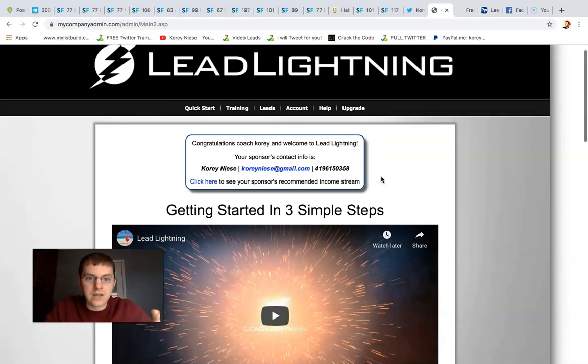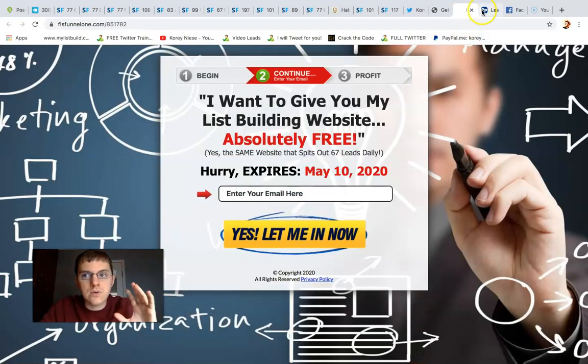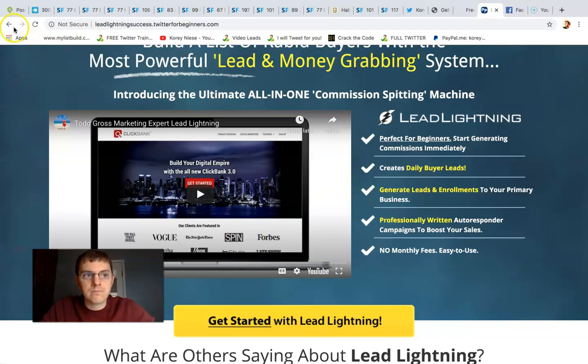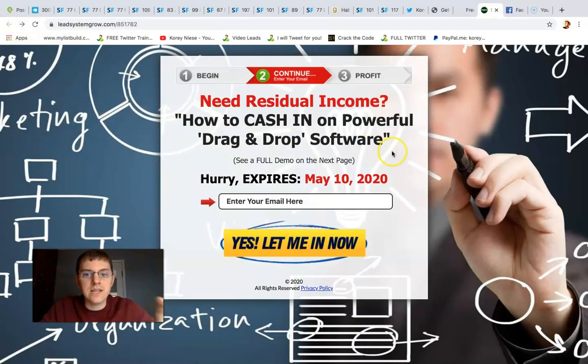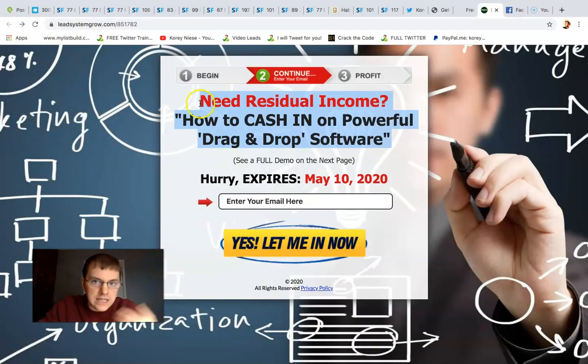So again, to reiterate, when you get leads with Lead Lightning using their websites, Lead Lightning is going to send your leads automated emails. So that's how Lead Lightning works.